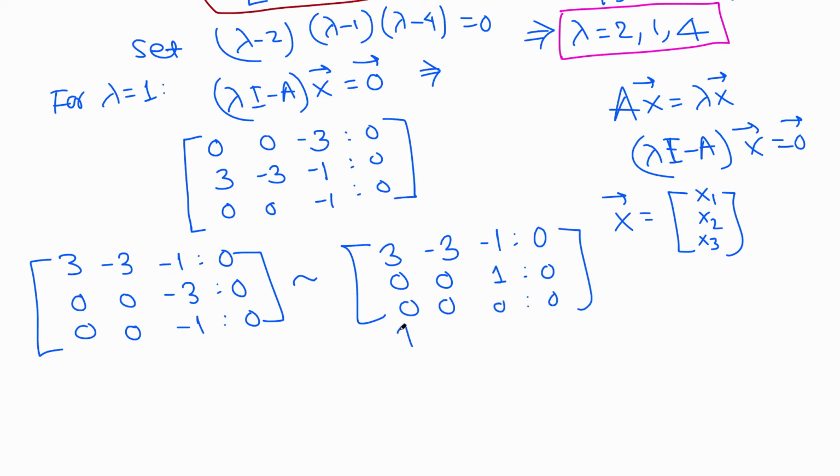And this is for x1, this is for x2, this is for x3. Here is pivot, no pivot, here is pivot, so x2 is free.